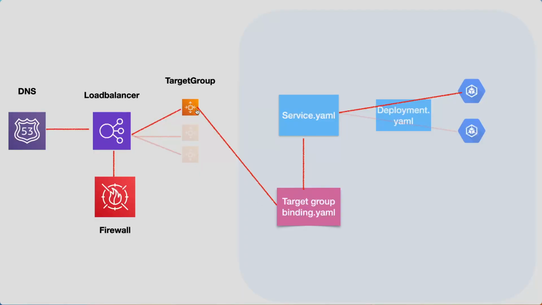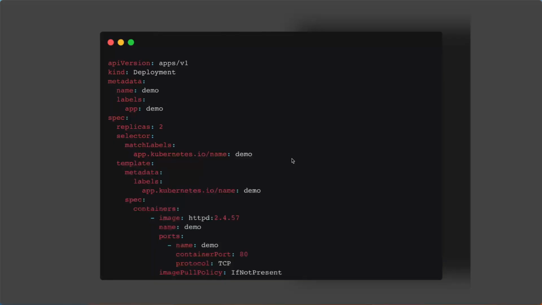So here we have a node in our EKS cluster that connects this target group to this node. But let's see how we can connect these things together. Further on, I'll discuss more about it. But first we need to create our applications.